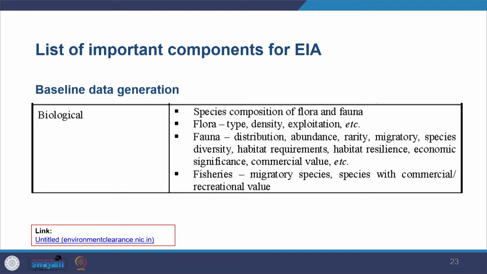biological domain. One needs to undertake species composition of flora and fauna, and flora type, density, exploitation. For fauna, you need to look at the distribution, what varieties are there, the abundance, the number of each kind, which are the rare species, which are the migratory, what kind of diversity there is, what kind of habitat is required, the resilience of the habitat, the economic significance, the commercial value, and so on.